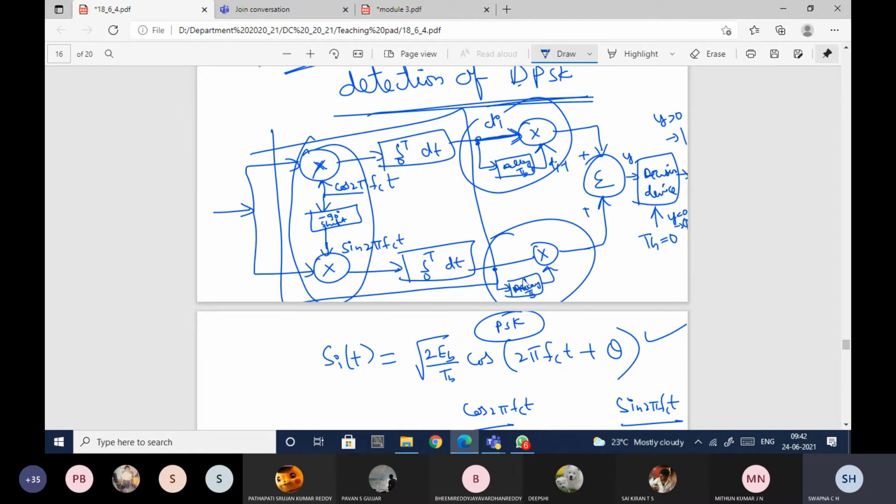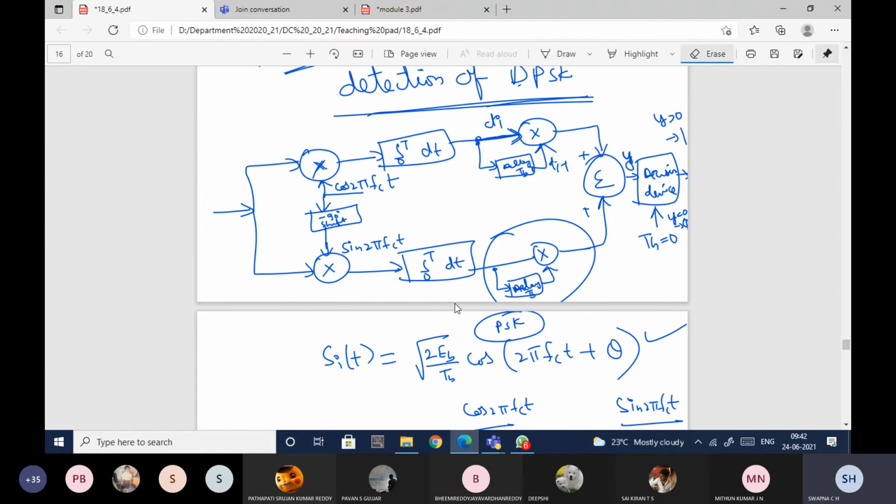From the lower part also it is given to the summer. Both get added and you get the y value. Based on the y value, it will be decided either in favor of symbol 1 or symbol 0. This is the coherent detection of DPSK, or the optimum receiver.